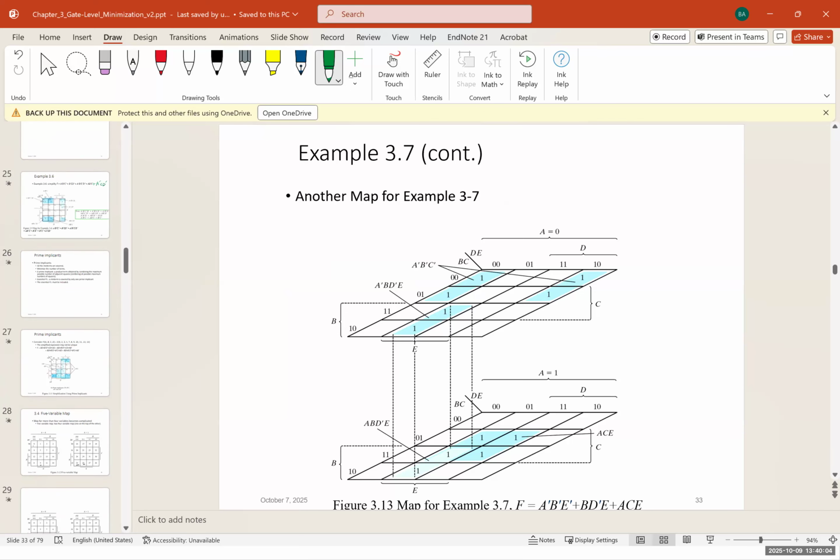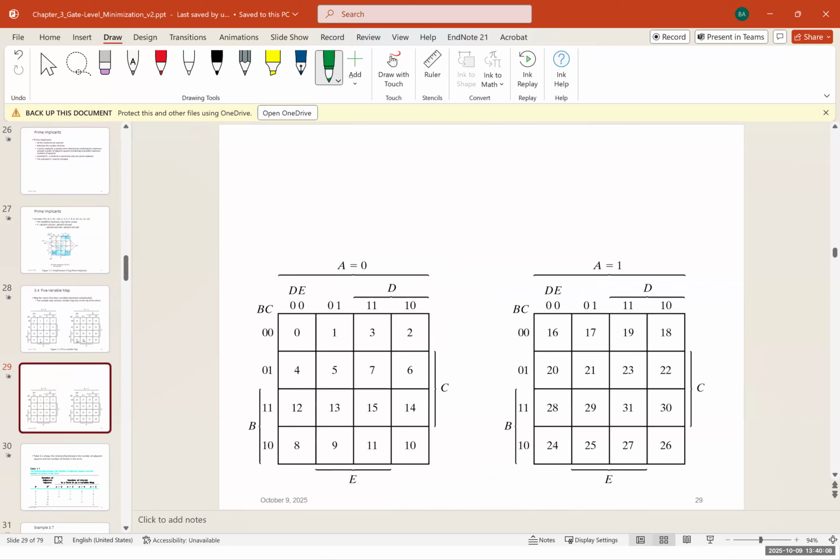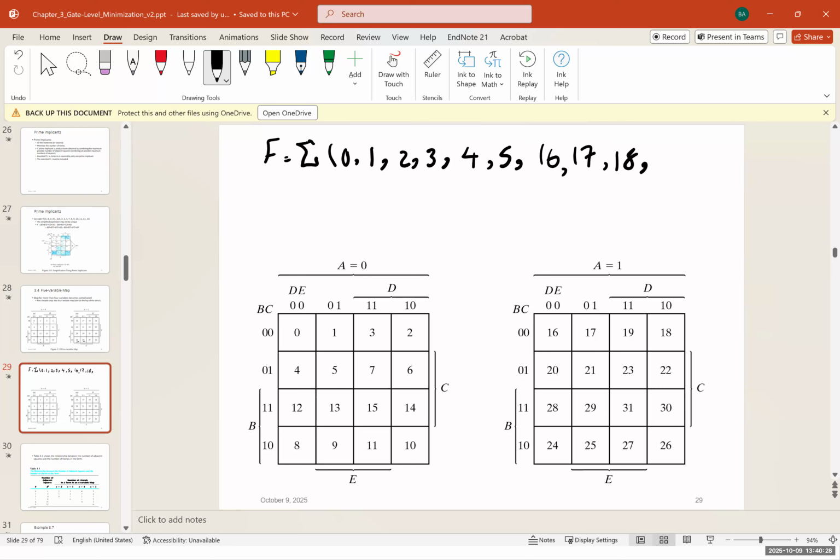Now, let's solve a practice problem. Just give me a second. So imagine we have a function f, which is equal to the sigma of 0, 1, 2, 3, 4, 5, 16, 17, 18, 19, 30.